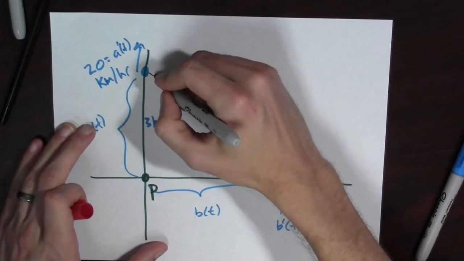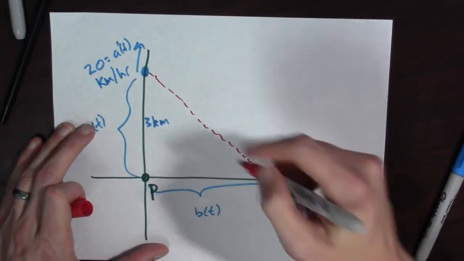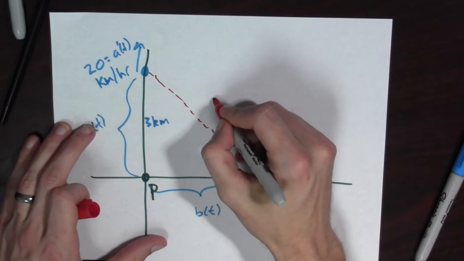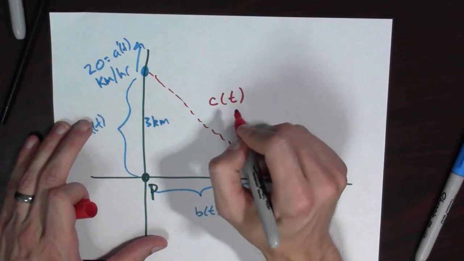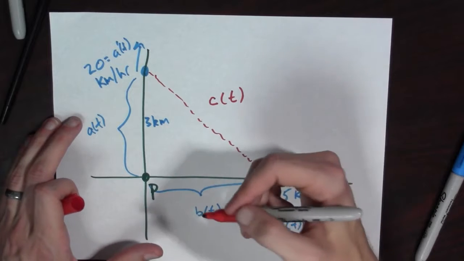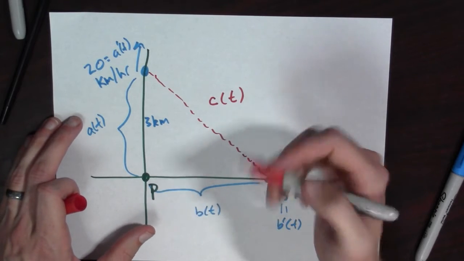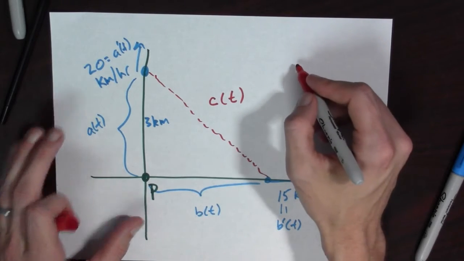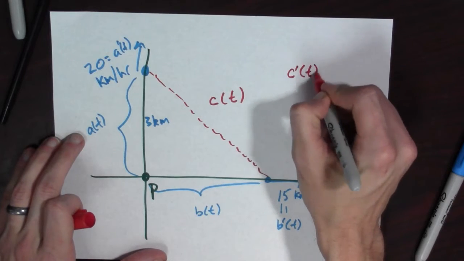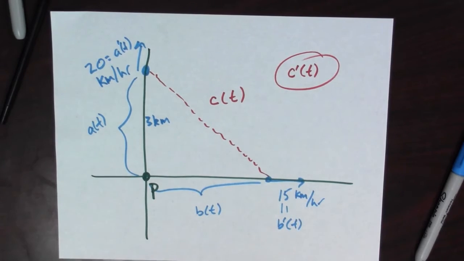And so we're going to draw a line like this. This is the distance between them, and this is C of t. And so if we want to know how fast it's changing, the thing that's unknown here is C prime of t, and that's going to be in kilometers per hour.